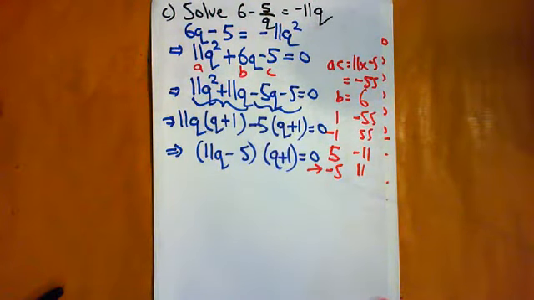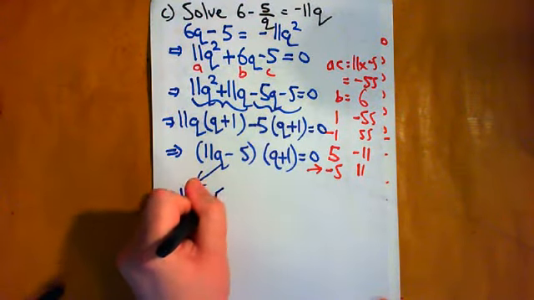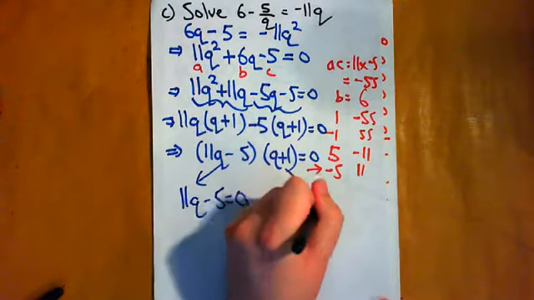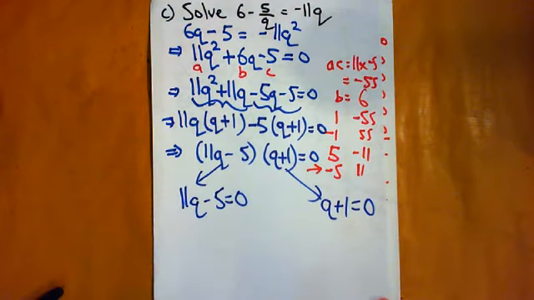So to make the whole equation 0, either this first bracket equals 0 or the second bracket equals 0. So either 11q minus 5 equals 0 or q plus 1 equals 0. So when we solve a quadratic equation by factorising, we're really breaking it up into two separate non-quadratic equations, and we can solve each of them separately.